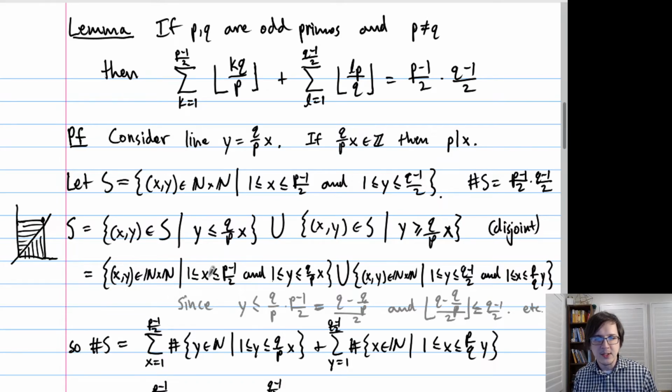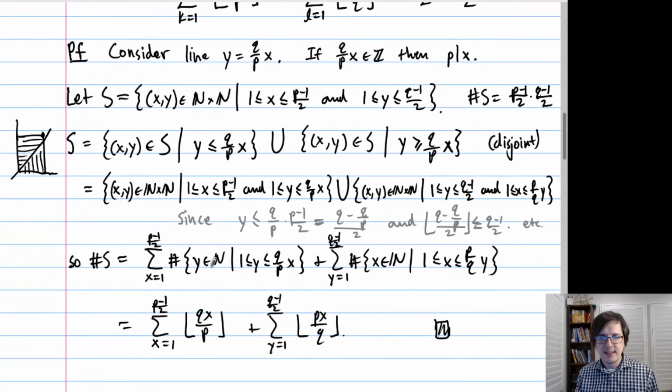So for each possible value of x, I can sum up the cardinality of just the points with that value of x, and I can also drop x off the representation of it because I'm just counting. So with the first set, I am taking all the points under the line and taking vertical slices for each x. And then for the second set, I'm taking the same thing, but horizontal slices for each y.